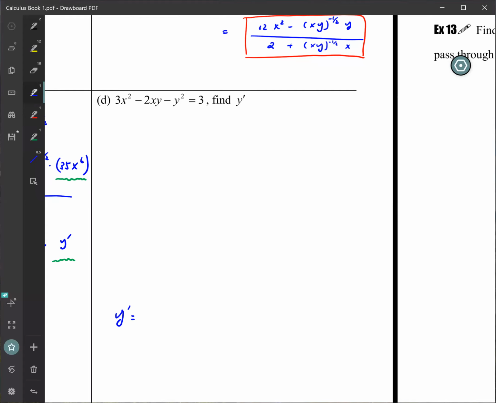Negative bracket 1 times y, let's start with the first term. Prime the 3x squared, just 6x. 6x, and then continue. What's after that?